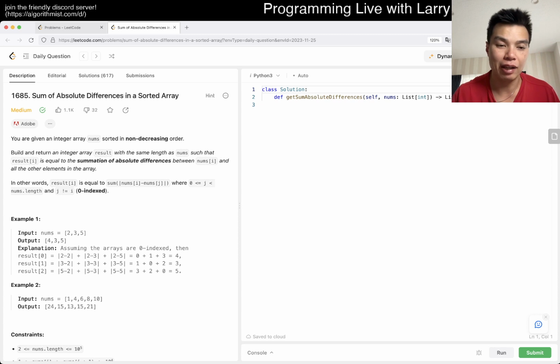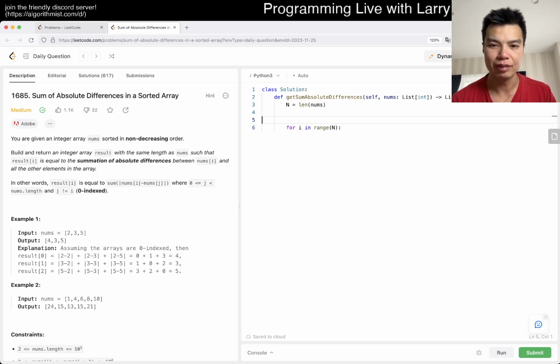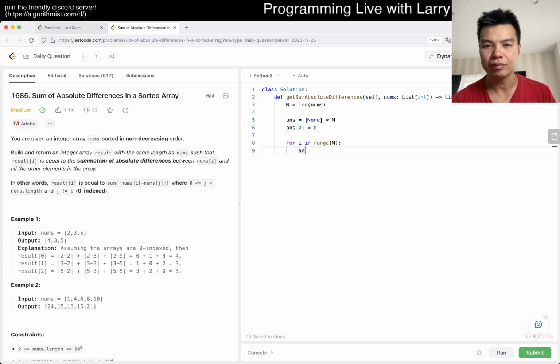So let's say we have the answer for the first one, right? So for i in range of n, let's say we have something like this, right?